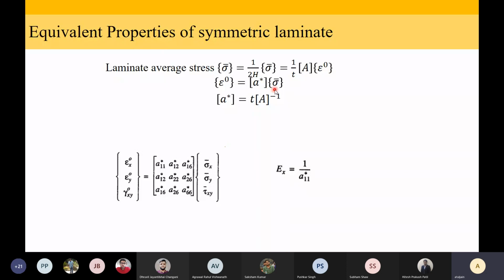This is coming from our previous relationship. Or stress is equal to 1 by T into A into epsilon. This is the relationship between applied strain and laminate average stress. From this, we can directly get that the equivalent Young's modulus of the laminate is 1 by A star.